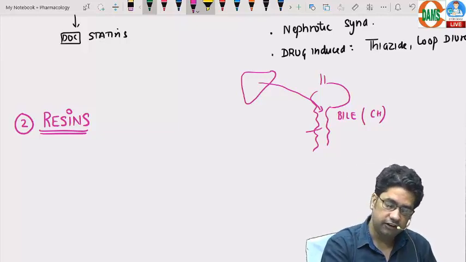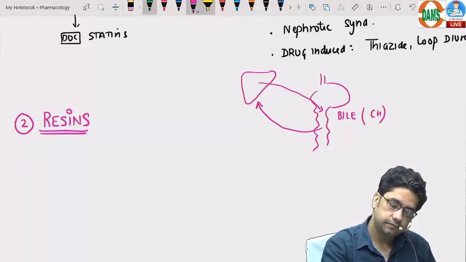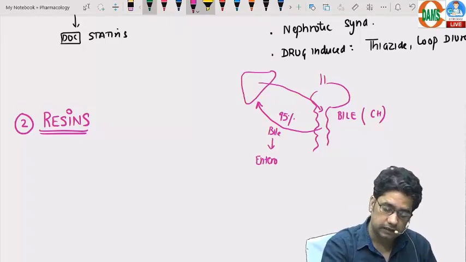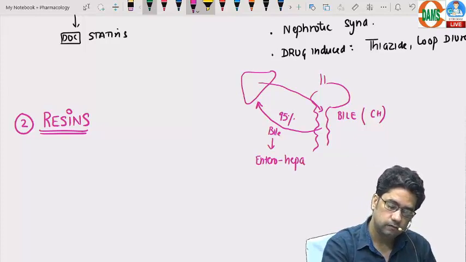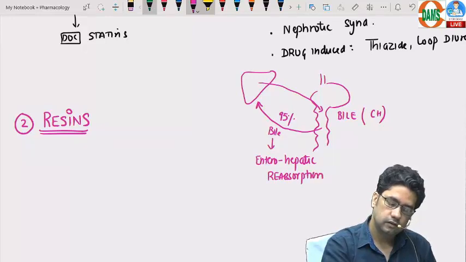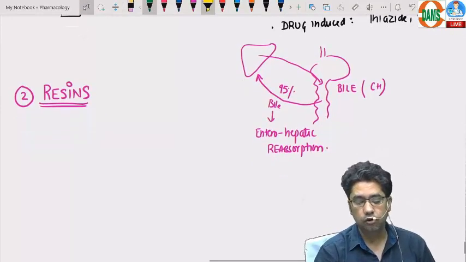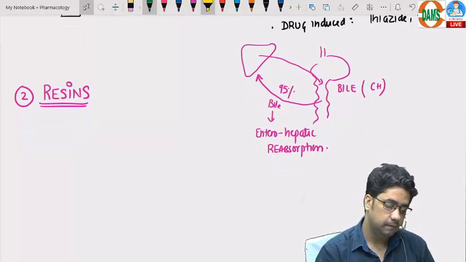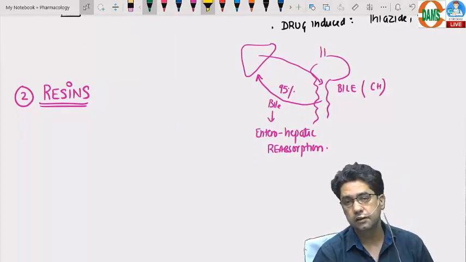But 95% of this bile goes back to the liver. This cycle is known as entero, means intestine. From intestine to liver, the bile will go. This is known as enterohepatic reabsorption of bile. As simple as that, we all know this part.